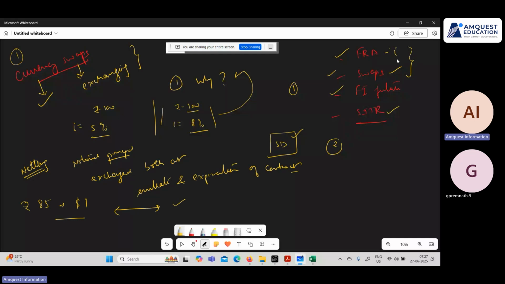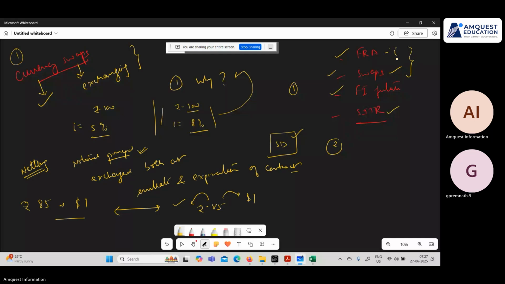But at the end of the duration, I'll again have to get back my rupee and give away the dollar. Does it make sense? Since in currency swaps two currencies are being utilized, the notional principal will be exchanged at the initiation and the termination or expiration of the swap.